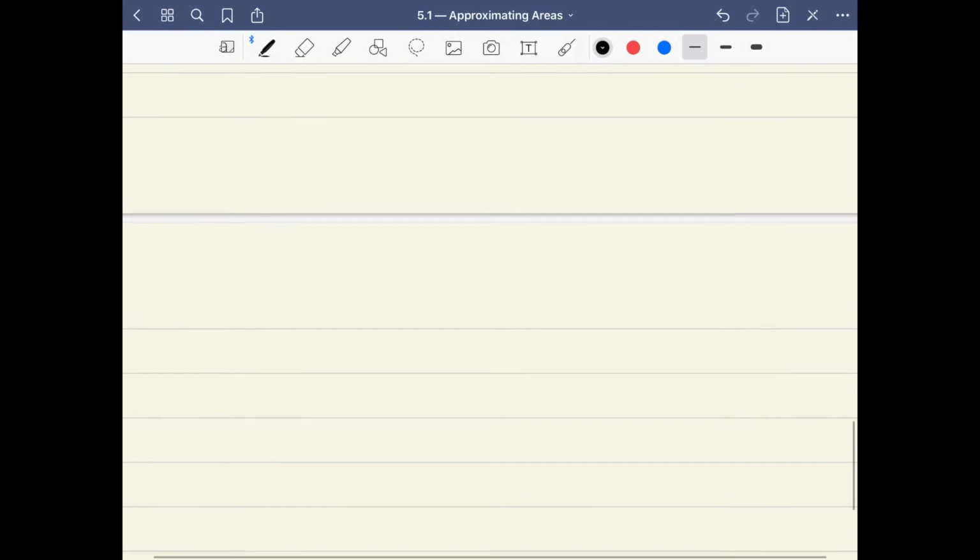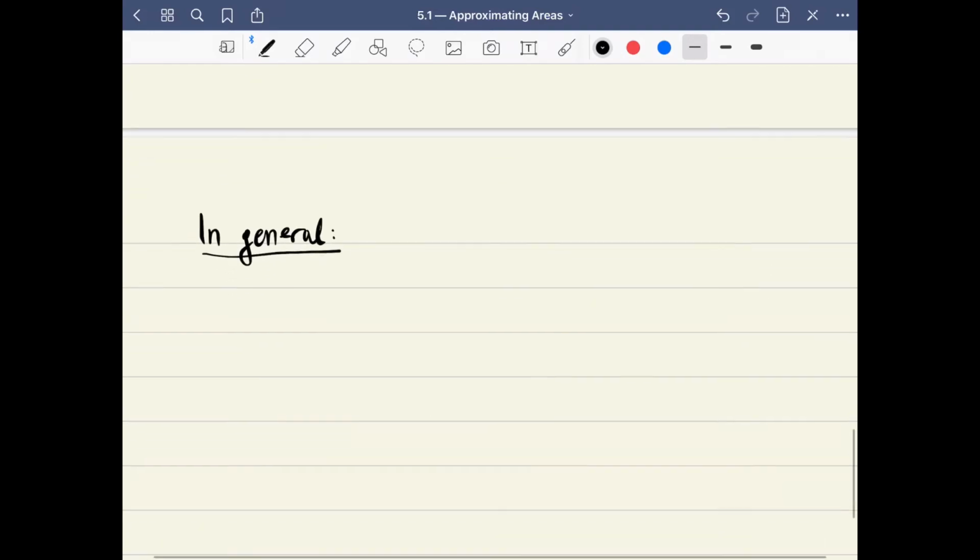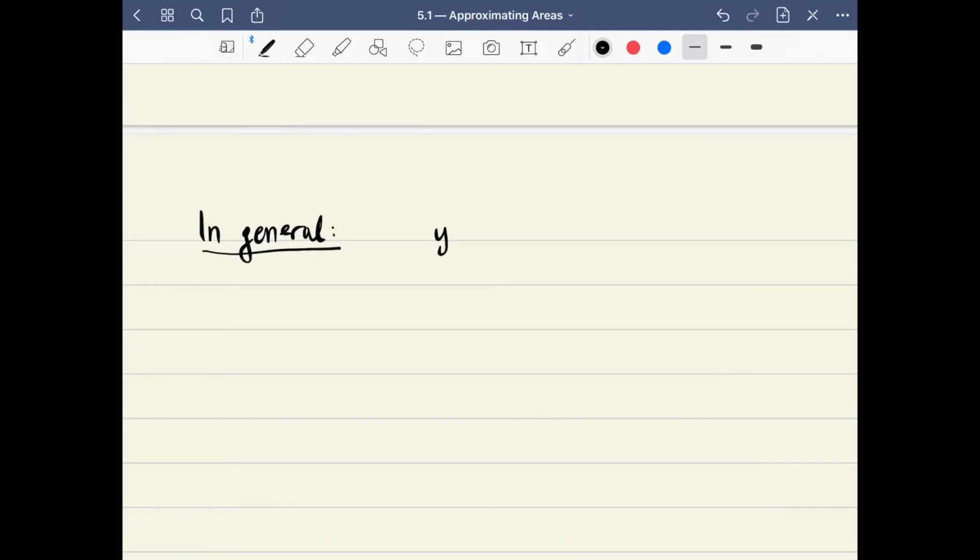Okay, what happens in general? All right, so in general, if you have a function y is equal to f of x, well, let's suppose that this function is positive. Let's suppose that the domain in this case is a comma b, and f is nice on the interval a comma b. It's continuous and everything that we need.